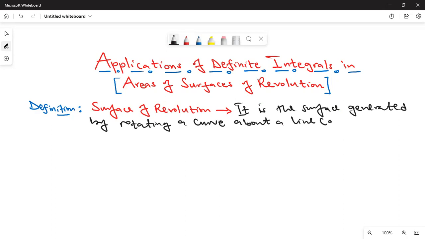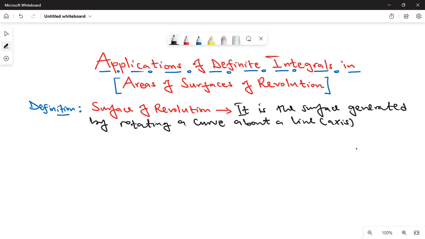That line is what we are calling the axis. It can be the x-axis, y-axis, or any other line. So when you rotate a curve about an axis, you are going to generate a surface. And that surface is what you are calling the surface of revolution.